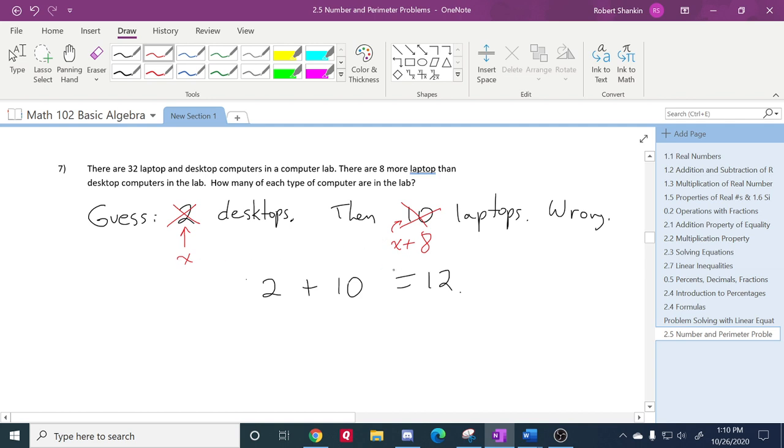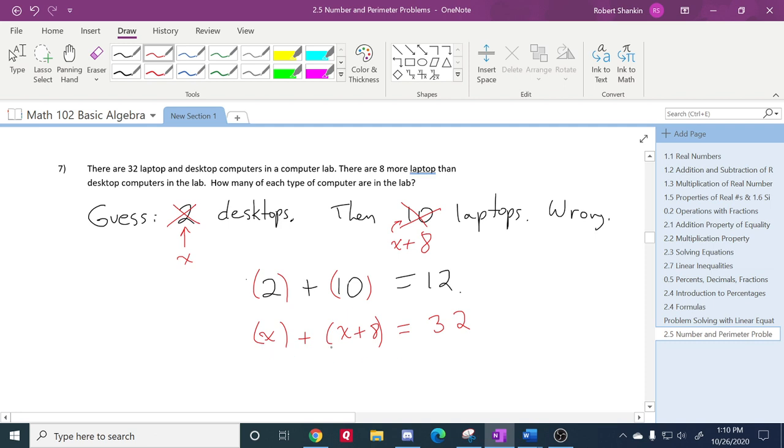And then when we add them together, so think of it like this, we're going to take the X plus the X plus 8. We're going to force it to be the correct number, 32 laptops.